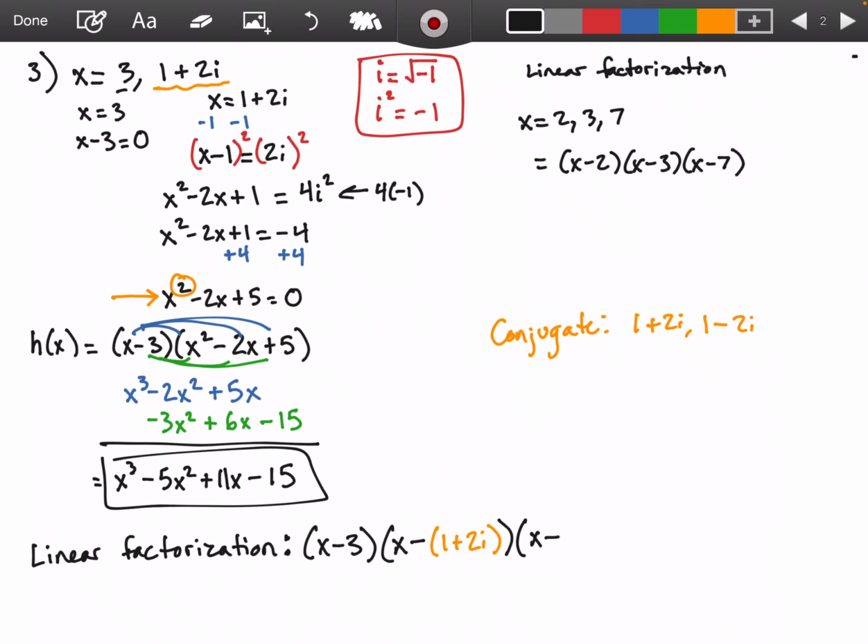So we go x minus, and then 1 minus 2i. So now you can simplify that. So we get x minus 3 times x minus 1 minus 2i, and x minus 1 plus 2i. And that is your linear factorization.